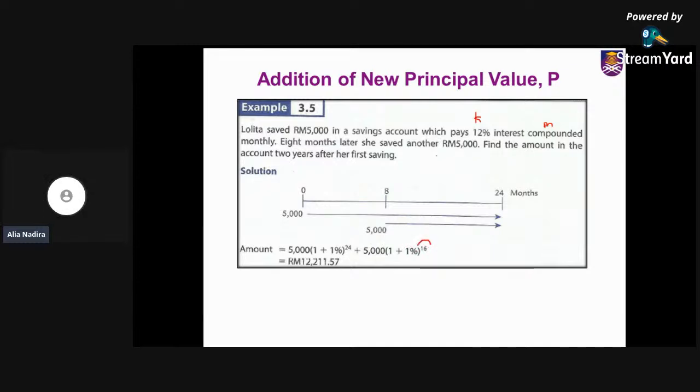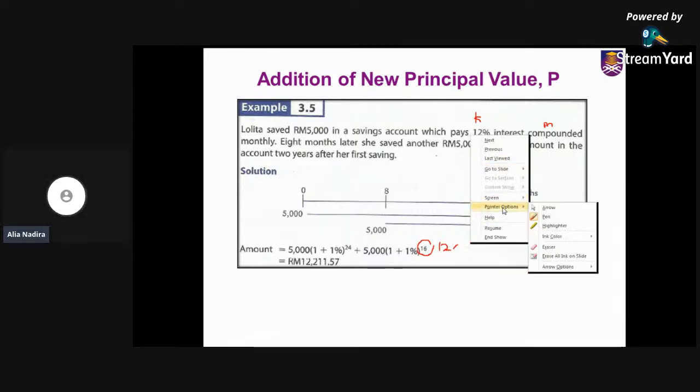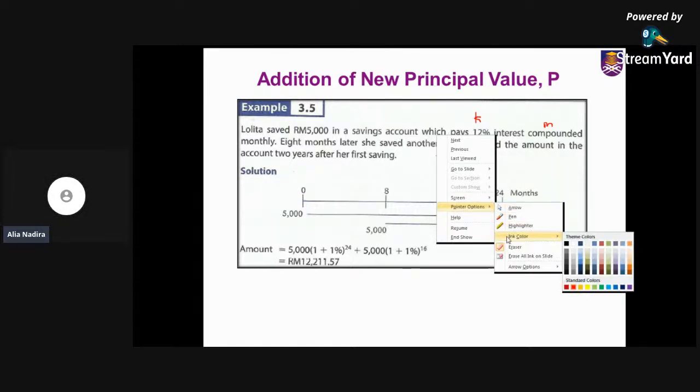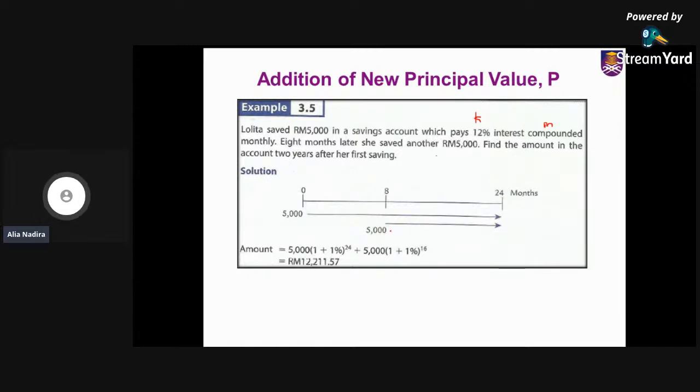But here, how do we get 16? M is 12 times T. Here the balance remaining is 16 months. So M is 12, T is 16 over 12.